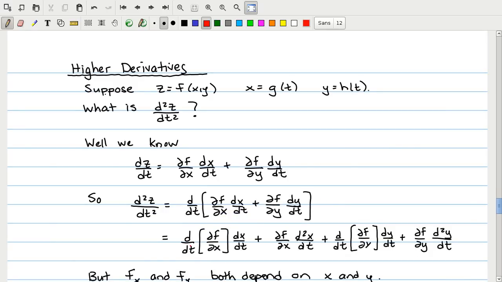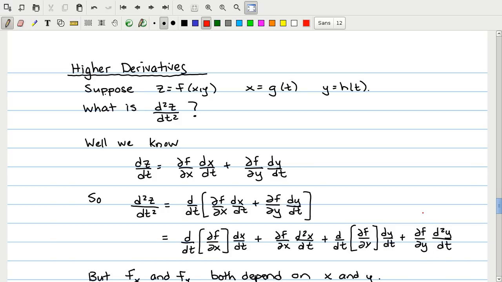Well, this is all going to be product rule. We have the time derivative of partial f partial x times dx/dt plus partial f partial x times the second derivative of x with respect to t. That's from this term. And then from this second term here, we have the time derivative of partial f partial y times dy/dt plus partial f partial y times the second derivative of y with respect to t.